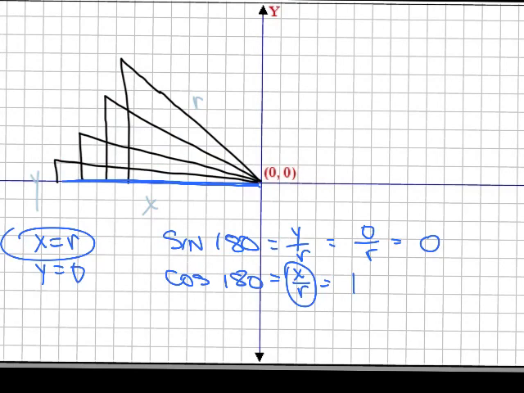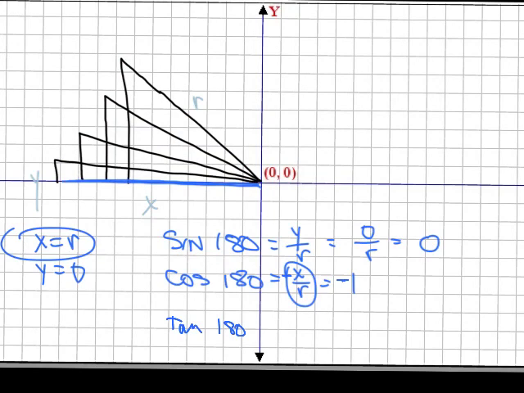But what is going on here is, if you'll notice, how long is x? It's going to be the same as r, but it's on the negative side. X is negative over here, so our answer is going to be -1 because my x is negative. My r is positive because r is always positive, like I said before, but my x is going in a negative direction here.